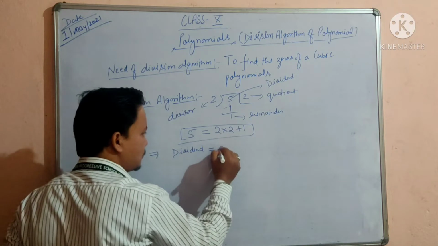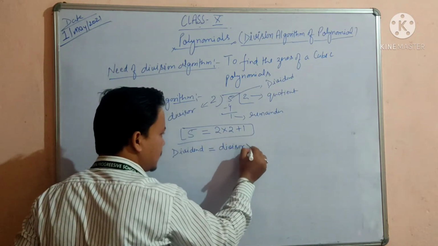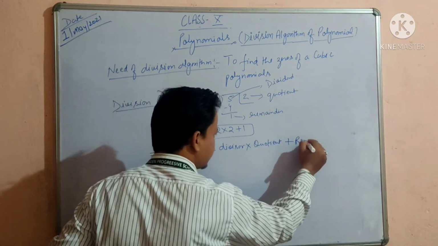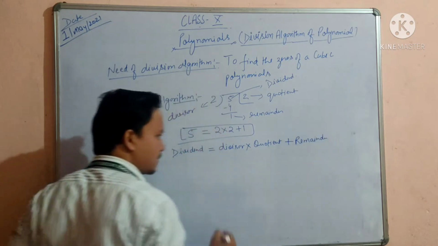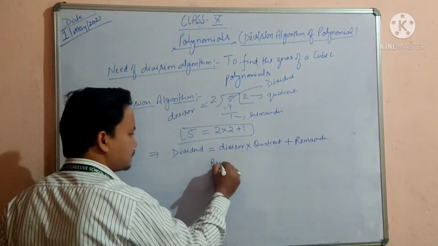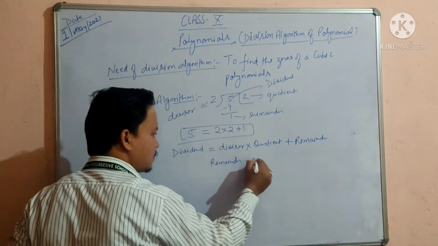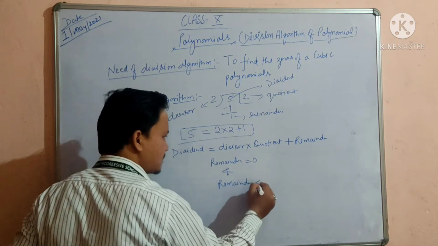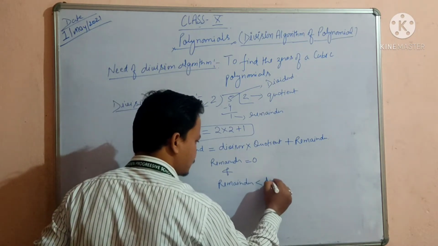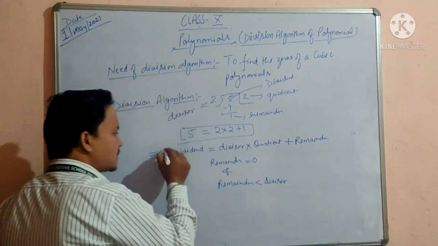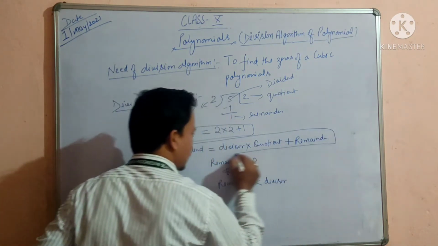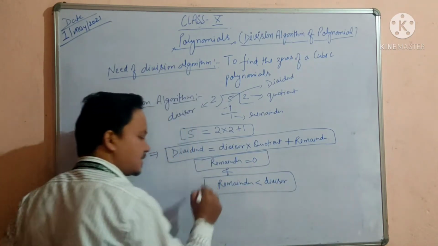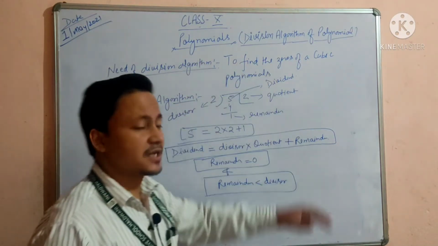So dividend is equal to divisor multiplied by quotient plus remainder, where remainder is equal to 0 or remainder is less than divisor. These are the things we already learned in chapter number 1, and we will also apply these things while teaching the division algorithm.